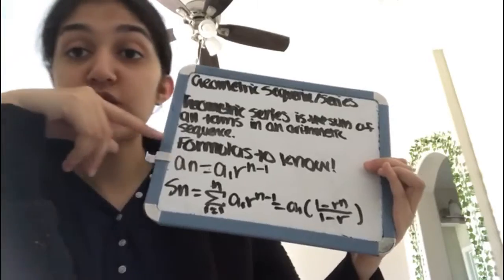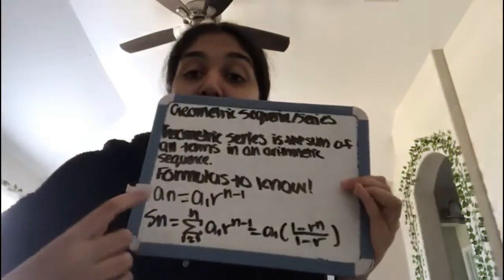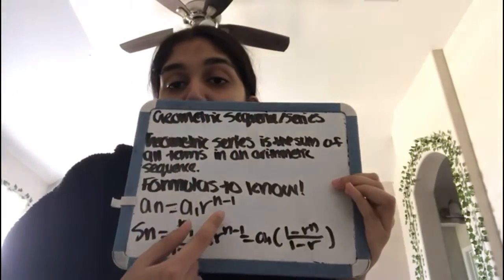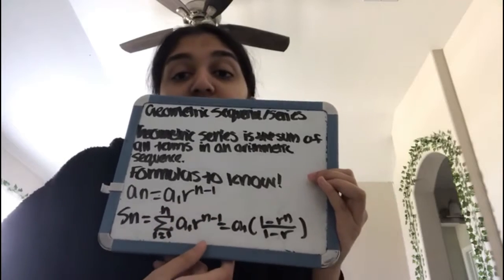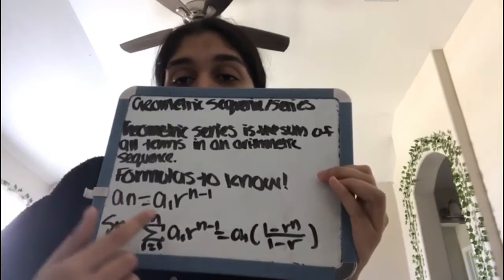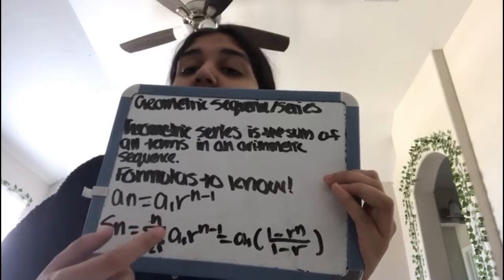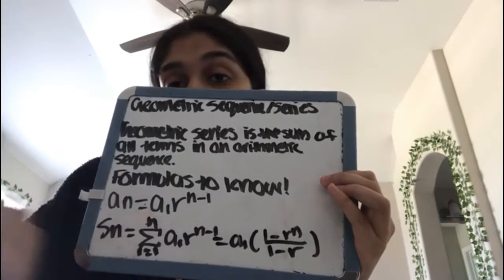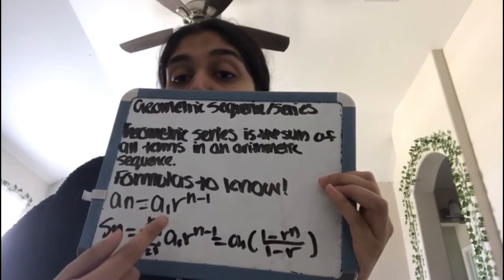The formula you need to know is a_n = a_1 r^(n-1). This formula is kind of confusing. What does that mean? a_1 is the first term, and r is the common ratio.